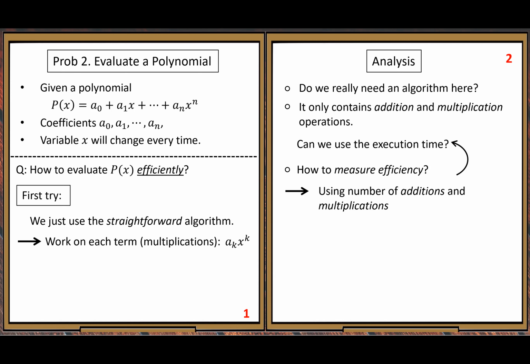So for a typical term, a sub k times x to the kth power, can you see how many multiplications we need to calculate just this one term? Can anyone see it? How many multiplications do we need? I think it's k.